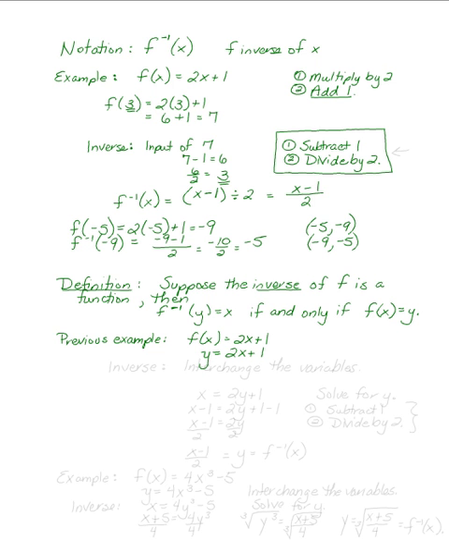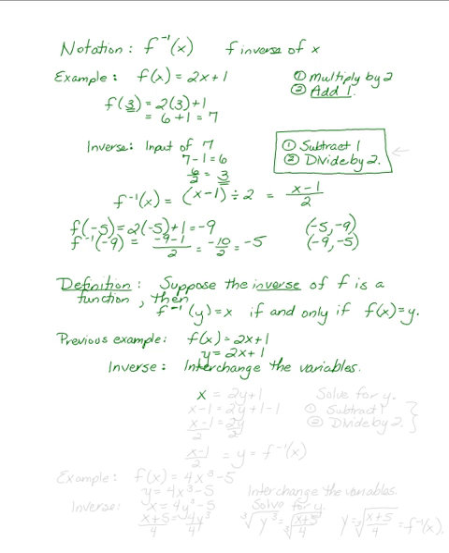And if we want to find the inverse, then by the definition the x values become the y values, and the y values become the x values. So that's all we're going to do: interchange our variables.